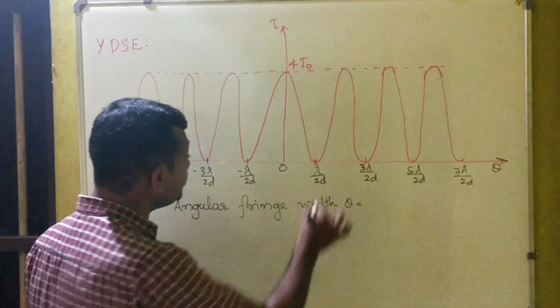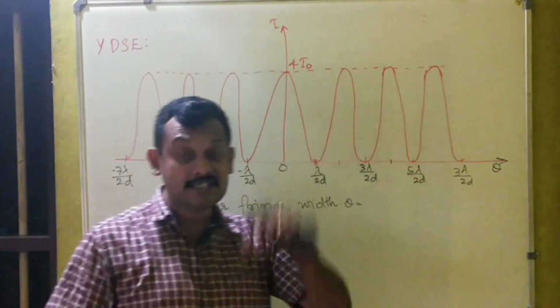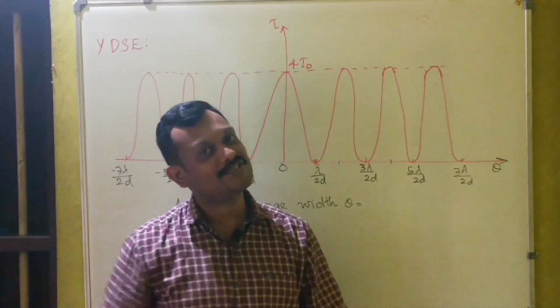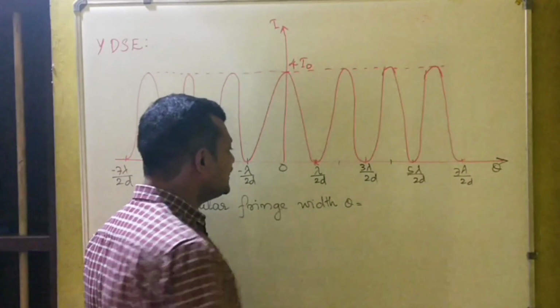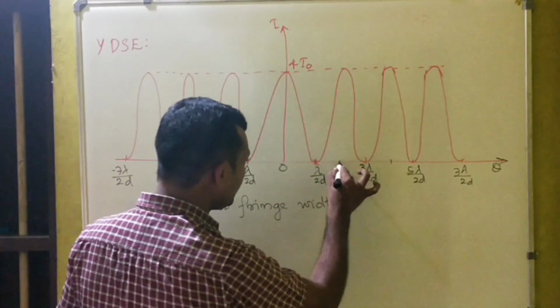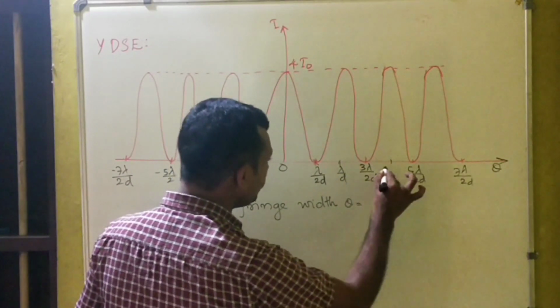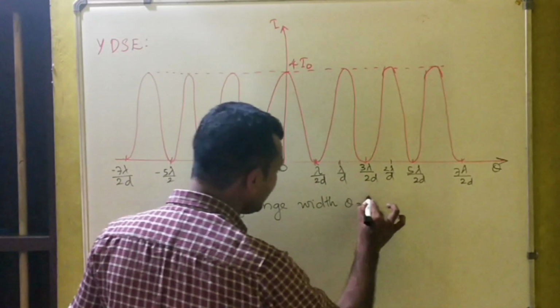Correspondingly, you can say it will be the distance between two consecutive bright bands as well, right? So you can easily get it. Come on guys, you just get me the answer fast. So this will be lambda divided by d. This will be 2 lambda divided by d. You can see that the difference of these two is lambda by d.